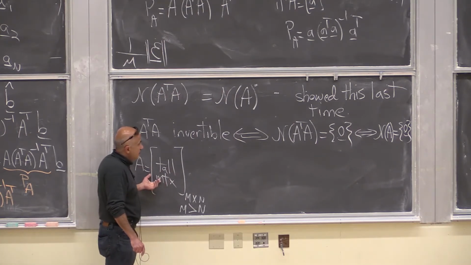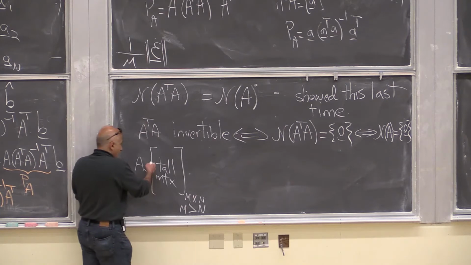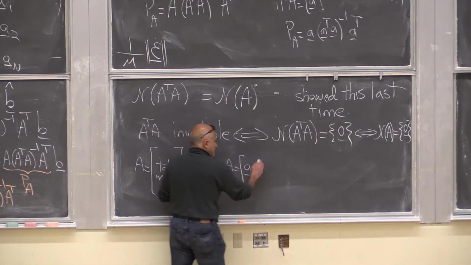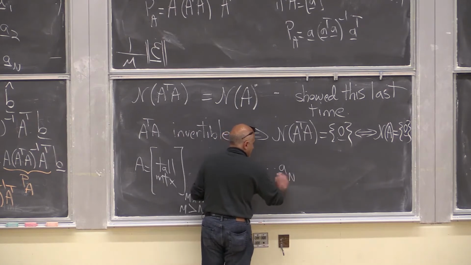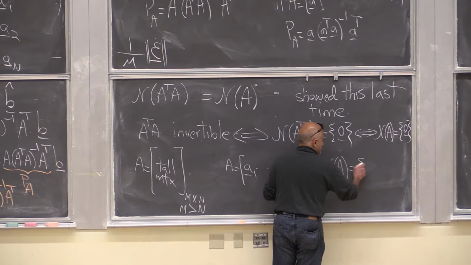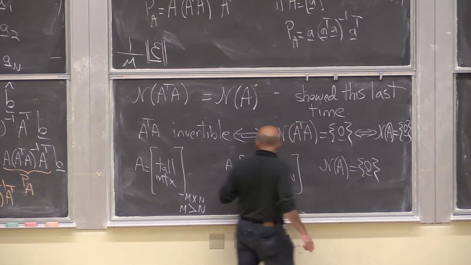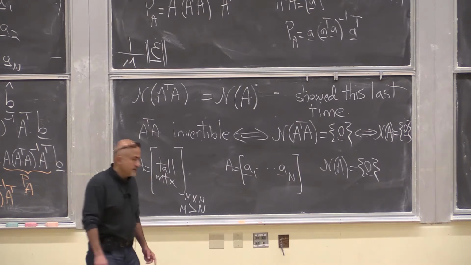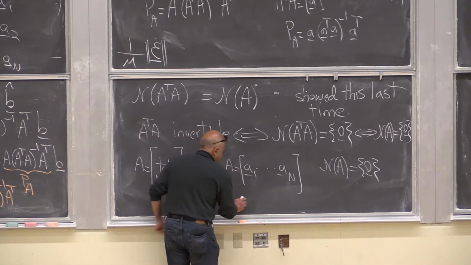So what does that say when I look at A and its columns, and I say that the null space of A is only 0? What does that say about the columns of A? Linearly independent.